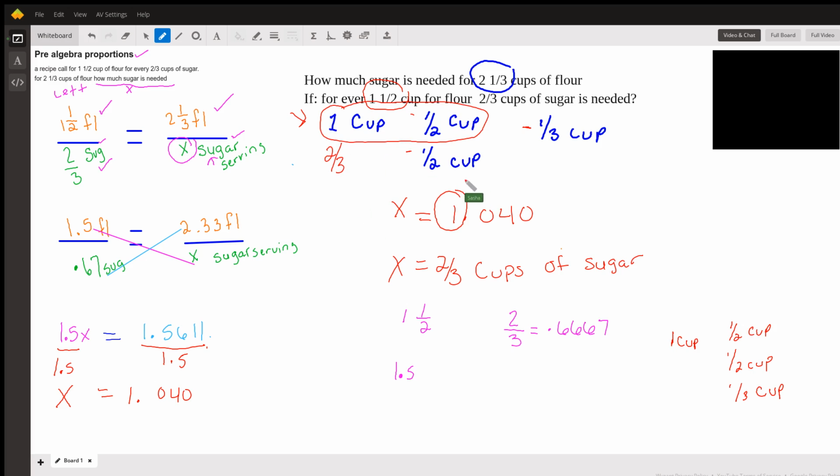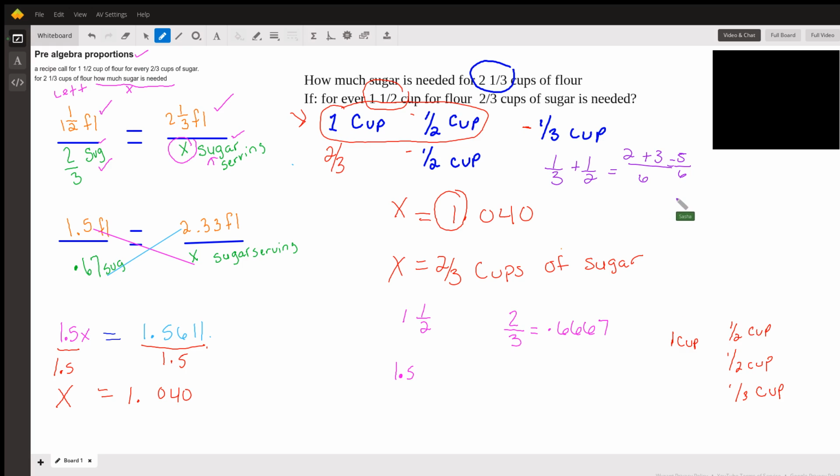Now, what is left? Okay, I'm going to change my color really quick. What is left? I have 1/3 cup plus 1/2 cup. And that's going to give me 5/6. Well, that's not enough to make another 2/3 because 5/6 is not even 1.